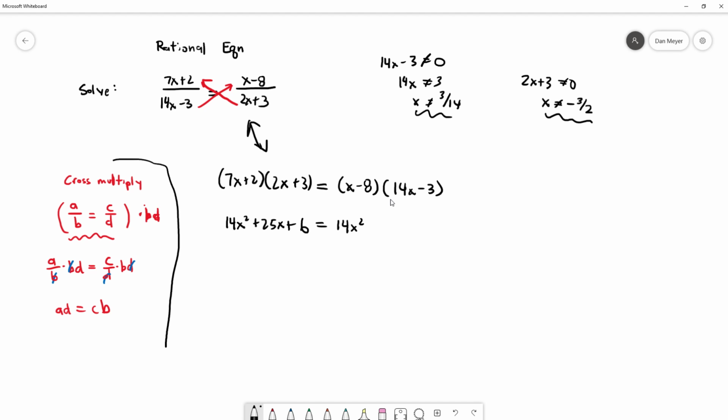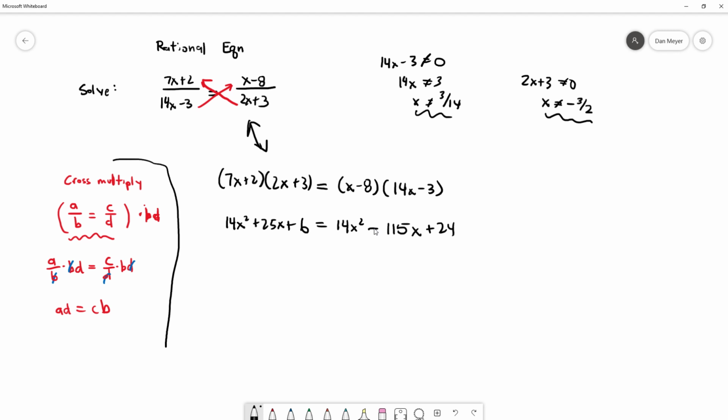What's 8 times 14? Got to get my calculator out here. 8 times 14 is 112. So negative 112. Negative 112 minus 3 is negative 115. And then negative 8 times negative 3 is positive 24. All right, so that's what we get when we FOIL out both sides.